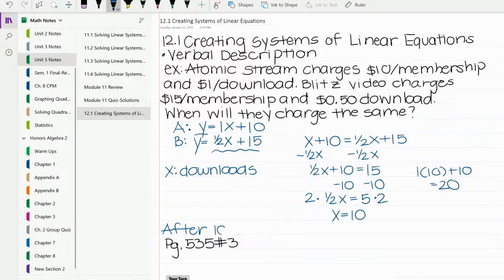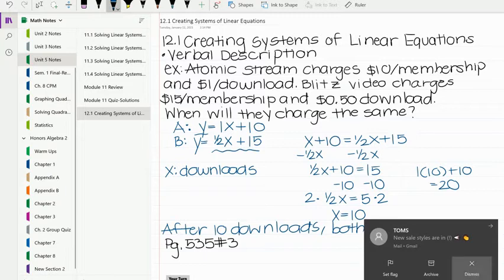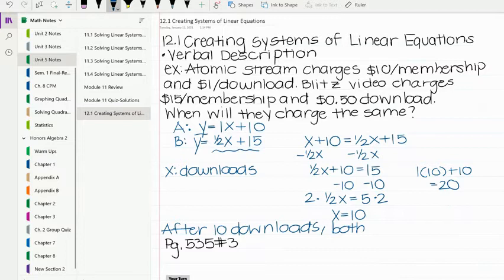So we would say after 10 downloads, both would cost $20. Both of those pieces of information are important. So 10 downloads would cost $20 for both of them.